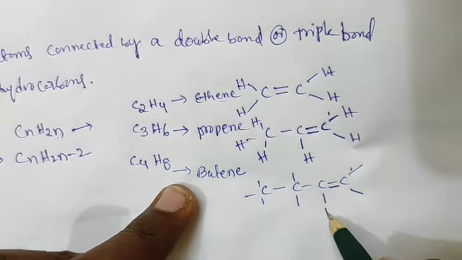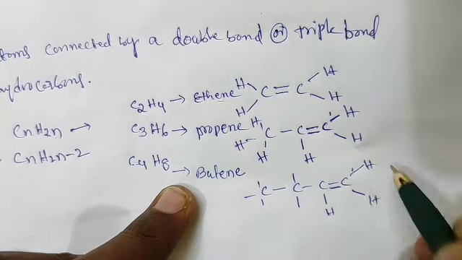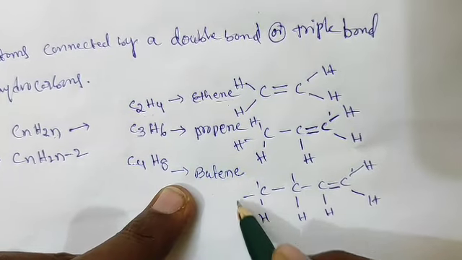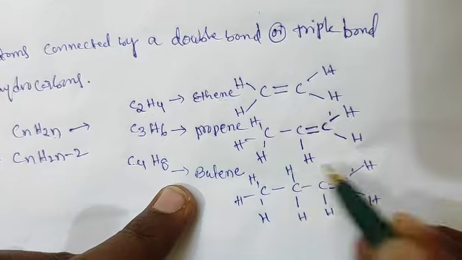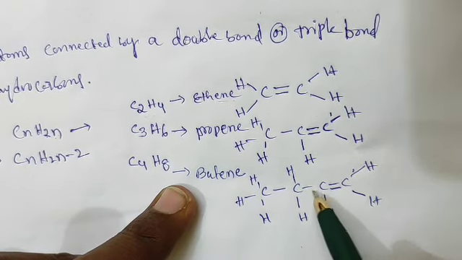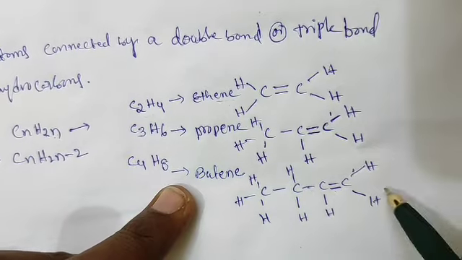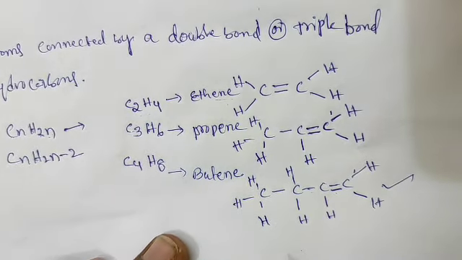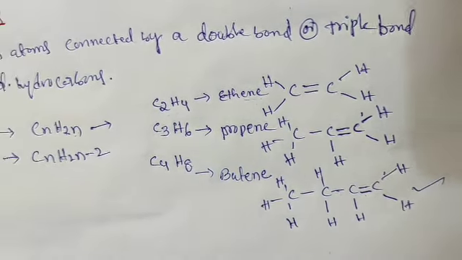Again here we should mention the double bond. So now every carbon has 4 bonds surrounding it, right? Carbon atom is surrounded by 4 bonds, 1 2 3 4, 1 2 3 4. So this is butene. About alkenes, all have double bonds.